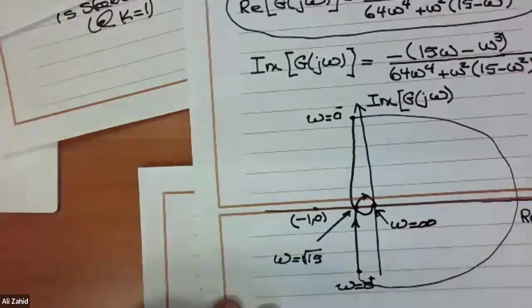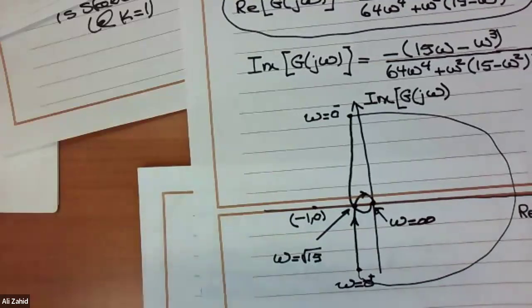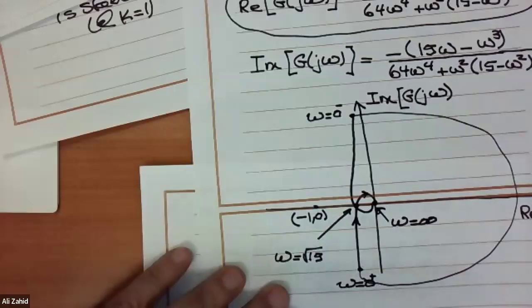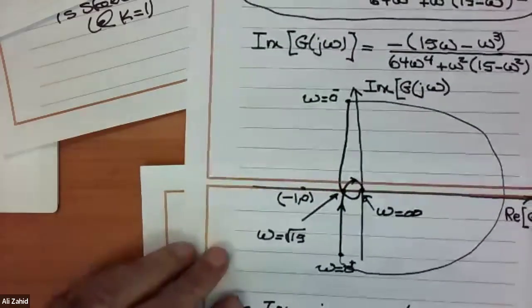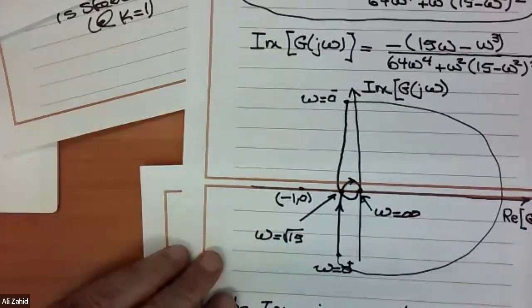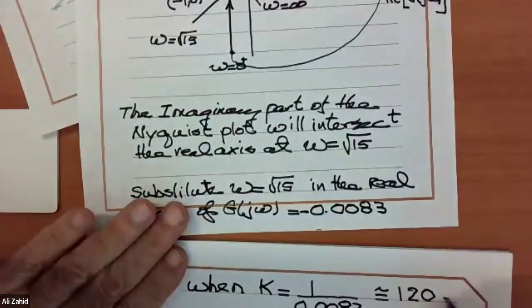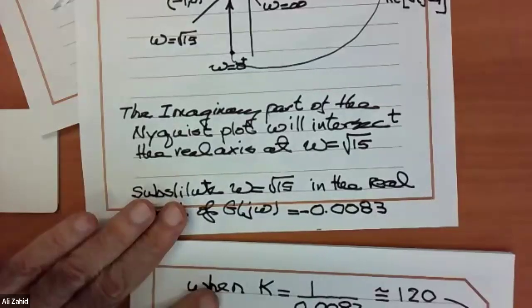No. So when you scale it, it will become bigger and bigger in the negative. Why is it in the negative? Because it's already negative, 0.0083. Did you get it? Yeah. This is referred to as the gain margin.